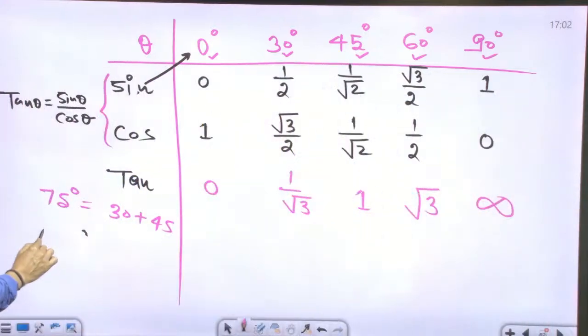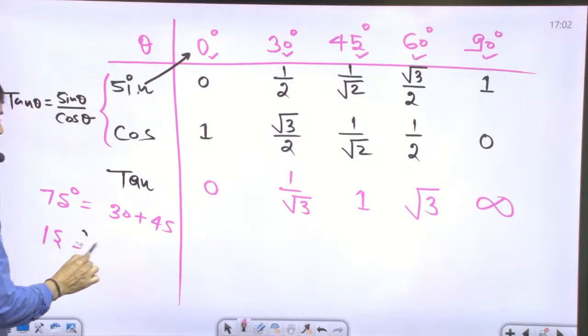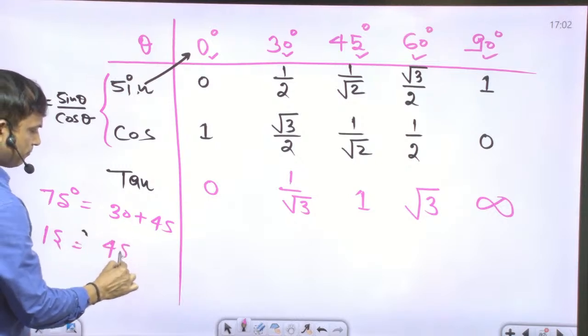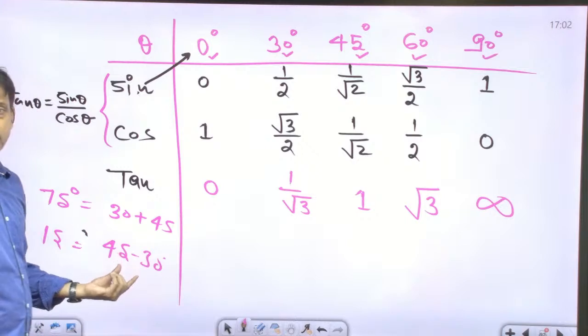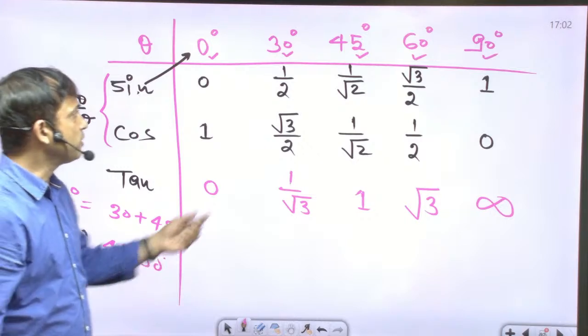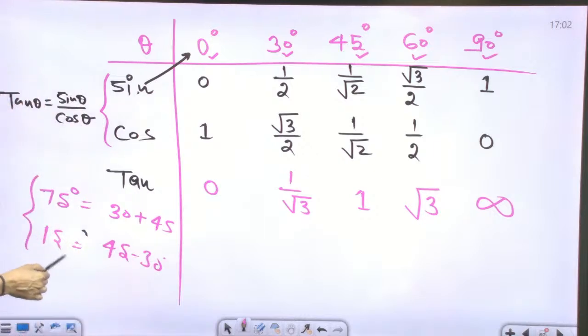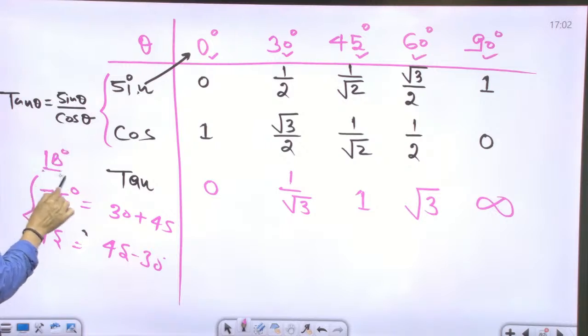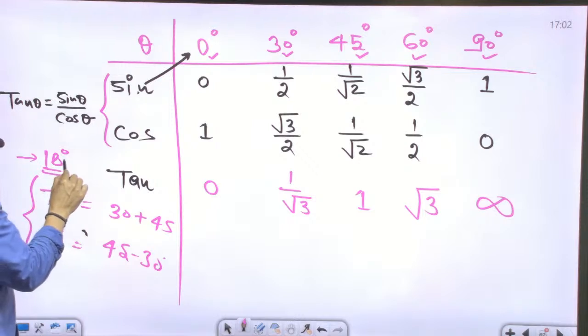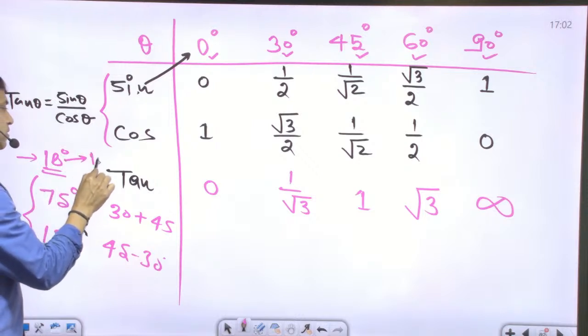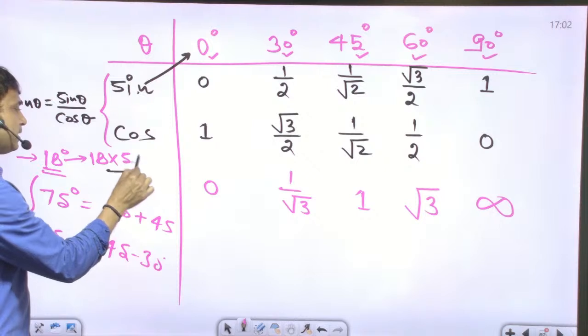In case of 15 degree, we'll use 45 minus 30 degree and put in the values of 45 and 30. The rest, like 22 and a half, 18, 12, I will explain in the next class.